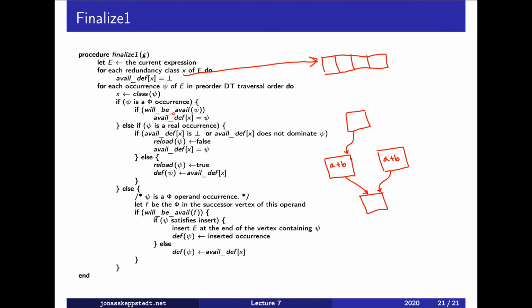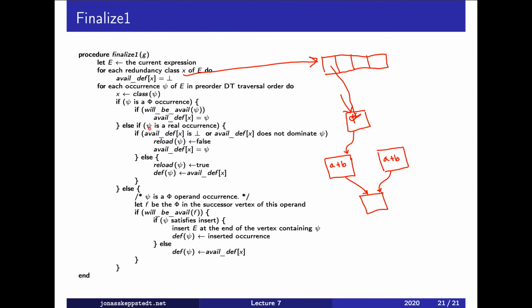If that is true, then we set the availdef to this occurrence. Say we have a phi function here, and we say that this is will be available. Then we simply set a pointer to this occurrence. If it is not will be available and is a phi function, we just ignore it.